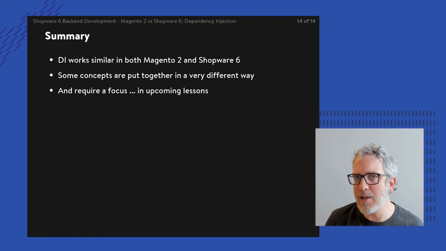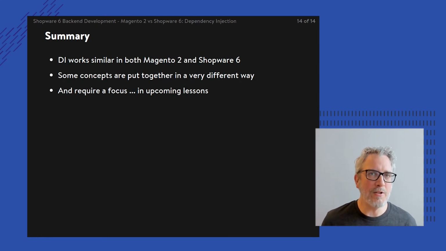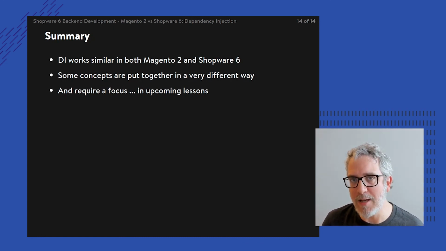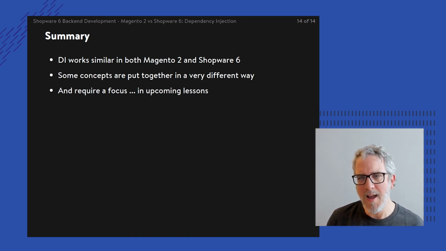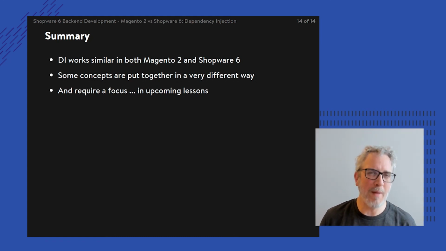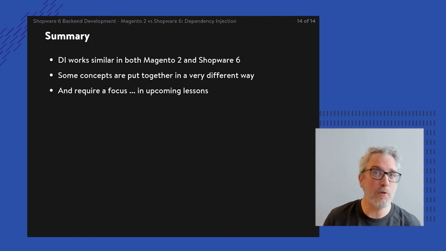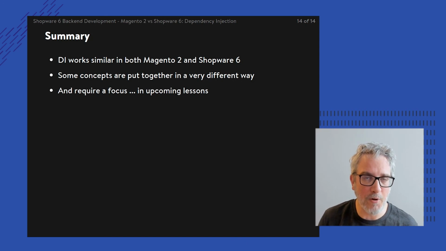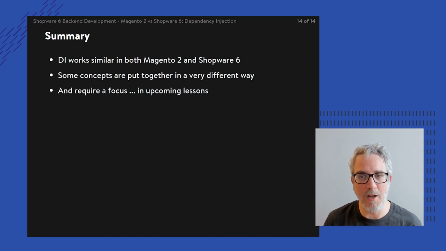But I would say that if we're talking about dependency injection and we compare the functionality and the flexibility of Magento to Shopware, the same functionality and flexibility is there in Shopware, not necessarily because of Shopware itself, but because Shopware is based upon the Symfony framework, and thanks to the Symfony service container and its dependency injection architecture, we can match basically all of those mechanisms of Magento within Shopware itself as well.